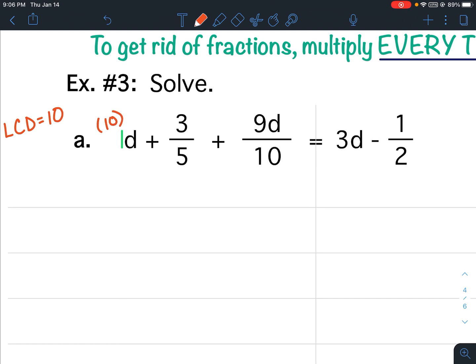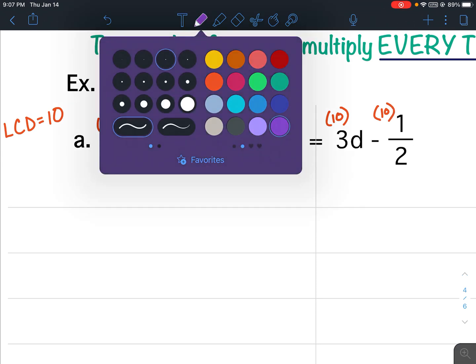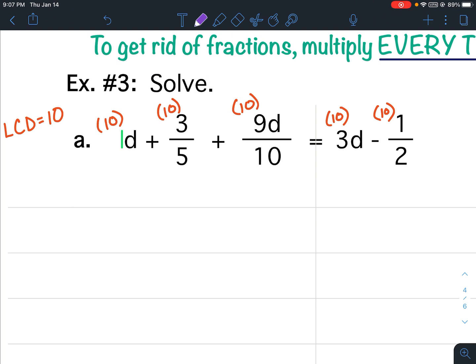So we're going to take 1D times 10. We're going to take 3/5 times 10. We're going to take 9/10 times 10, 3D times 10, and 1/2 times 10. So 10 times 1D would be 10D. 10 times 1 is 10. 10 times 3/5, you would use your calculator to do this.